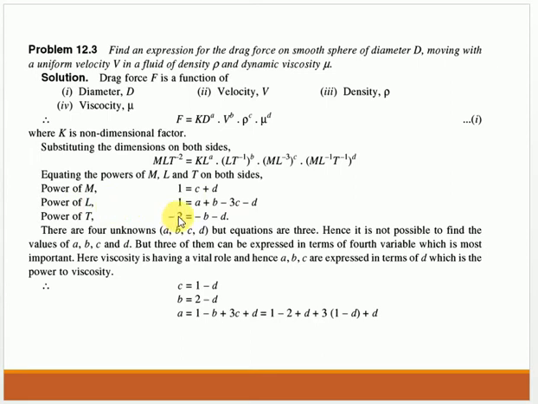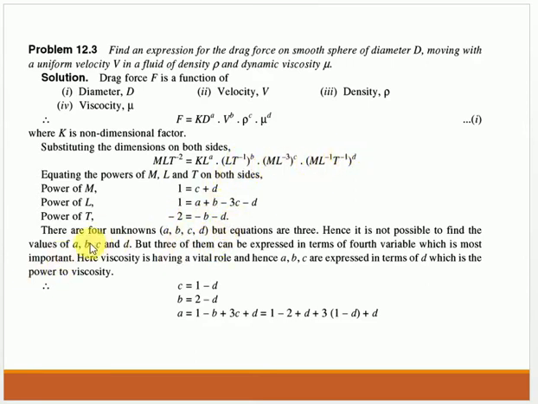Equating powers of L: 1 equals a plus b minus 3c minus d. Equating the powers of T: minus 2 on the left-hand side equals minus b minus d.